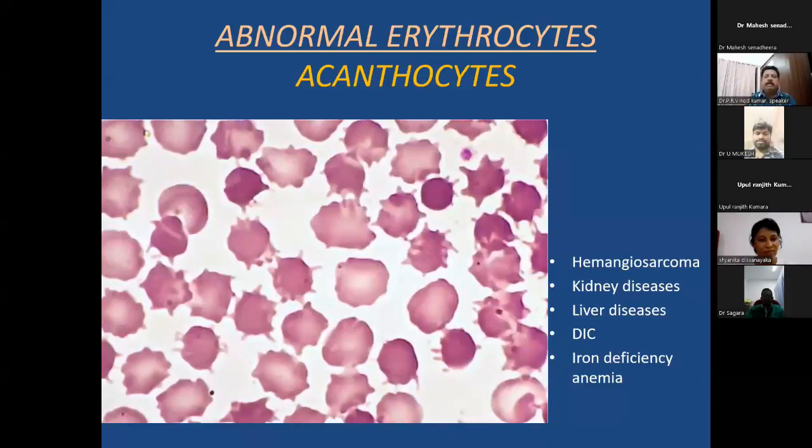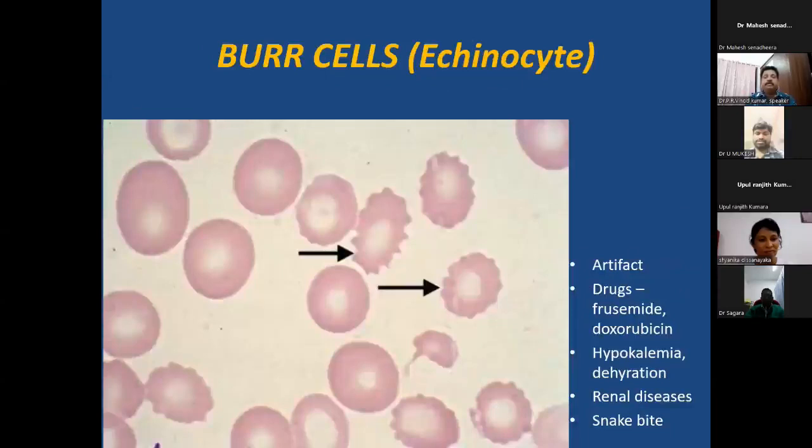It's so typical in a chronic kidney disease patient. Also in hemangiosarcoma, in chronic liver diseases, in disseminated intravascular coagulopathies, and immune-mediated diseases. Iron deficiency anemia also can show this. So if more acanthocytes are seen, we say acanthocytosis. It is a very serious condition.